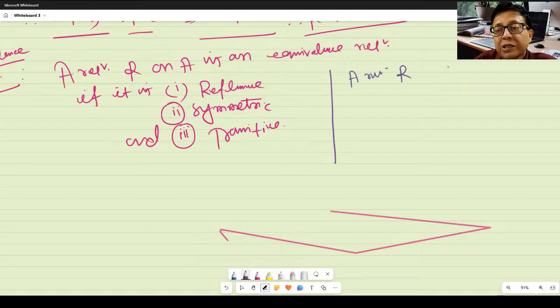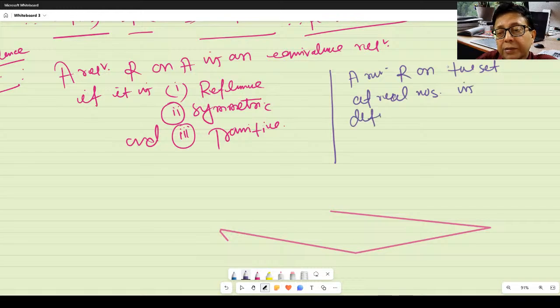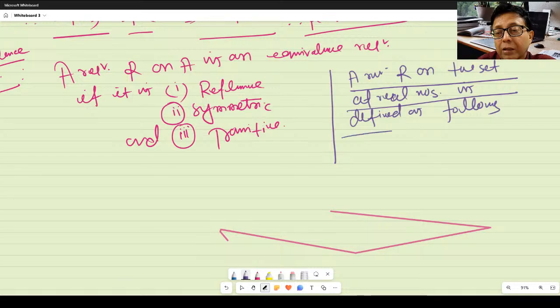A relation R on the set of real numbers is defined as follows. What is that?